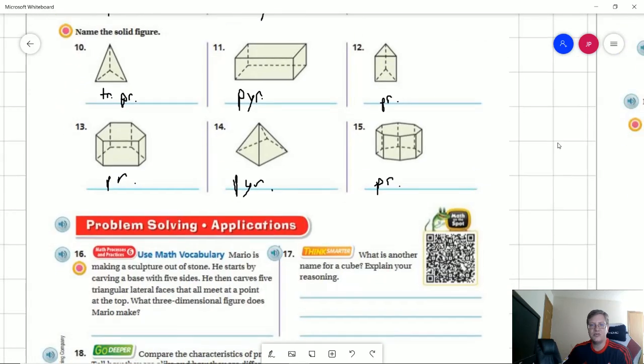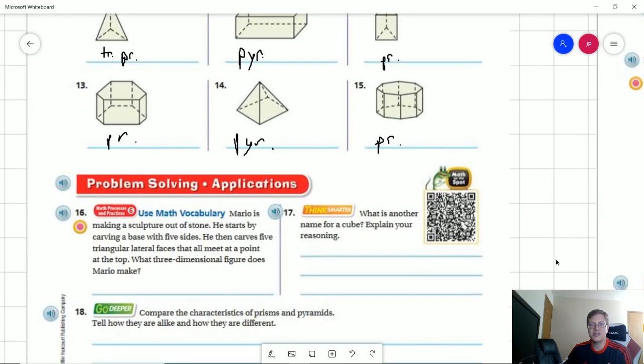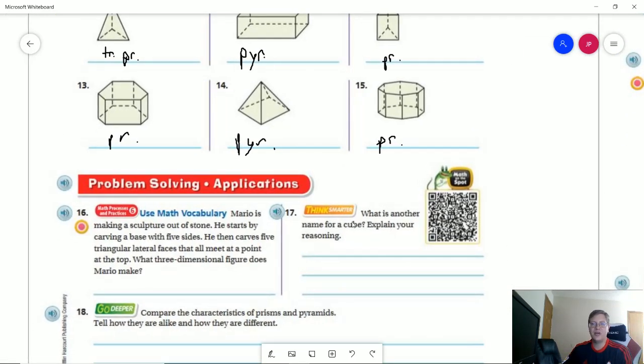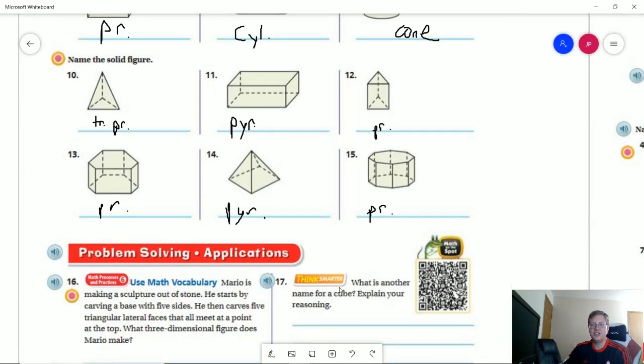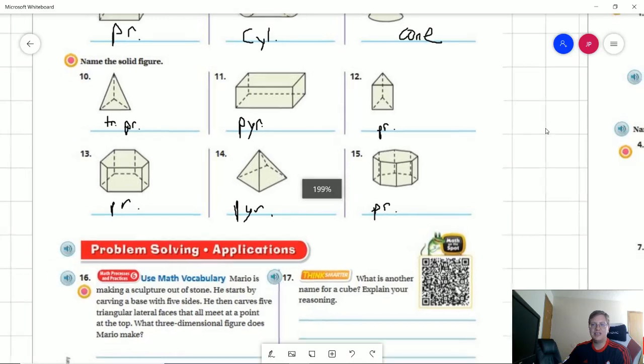And so as we go to the problem solving questions, what is another name for a cube? So I would definitely suggest you take a look at that one. So the cube is what we abbreviate that down to.